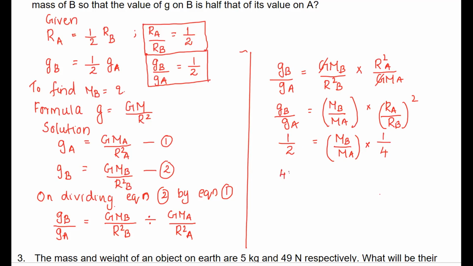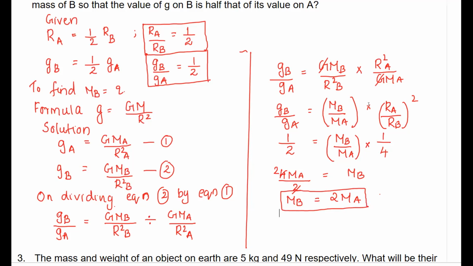So we will get 4MA/2 is equal to MB. 2 and 4 cancelled. We got 2MA is equal to MB. That is MB is equal to 2MA. That is mass of B is twice mass of A.